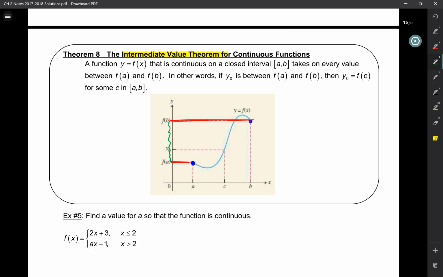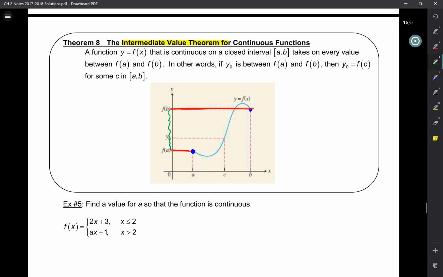So in other words, if y naught is between f of A and f of B, this is the important part now, y naught equals f of C exists for some C in A to B. What it is also saying is this.